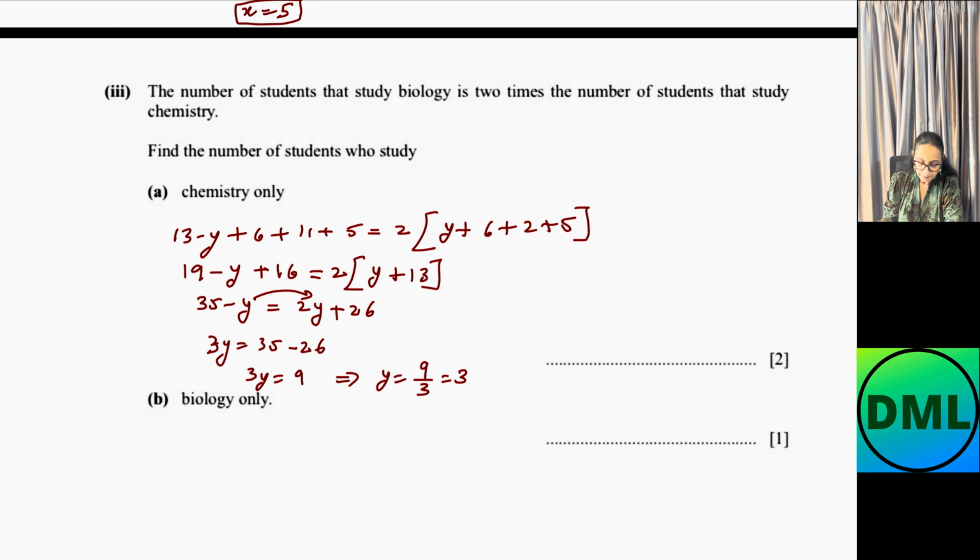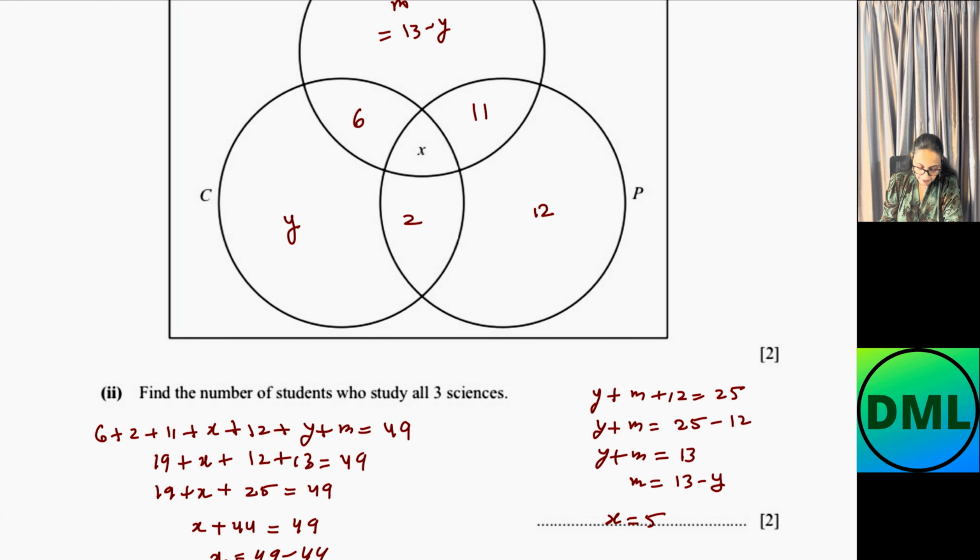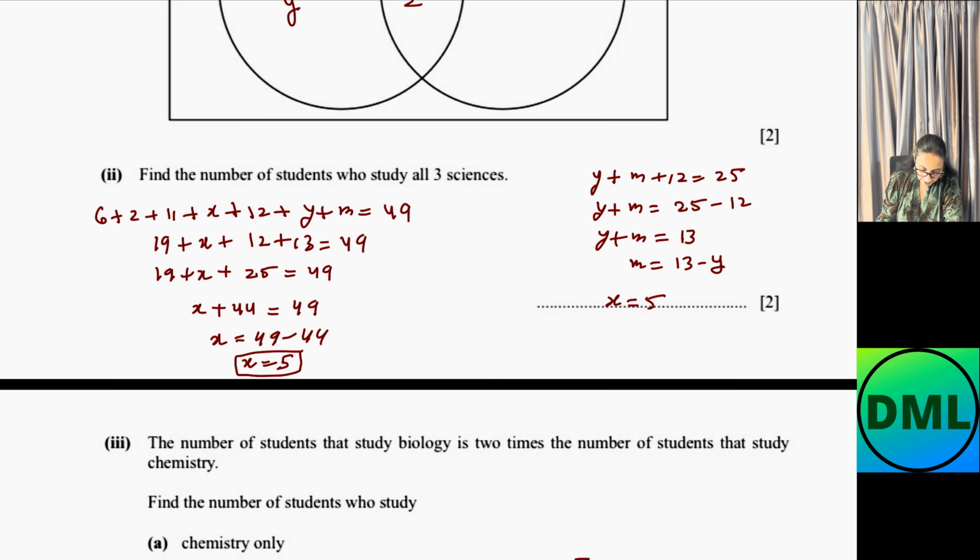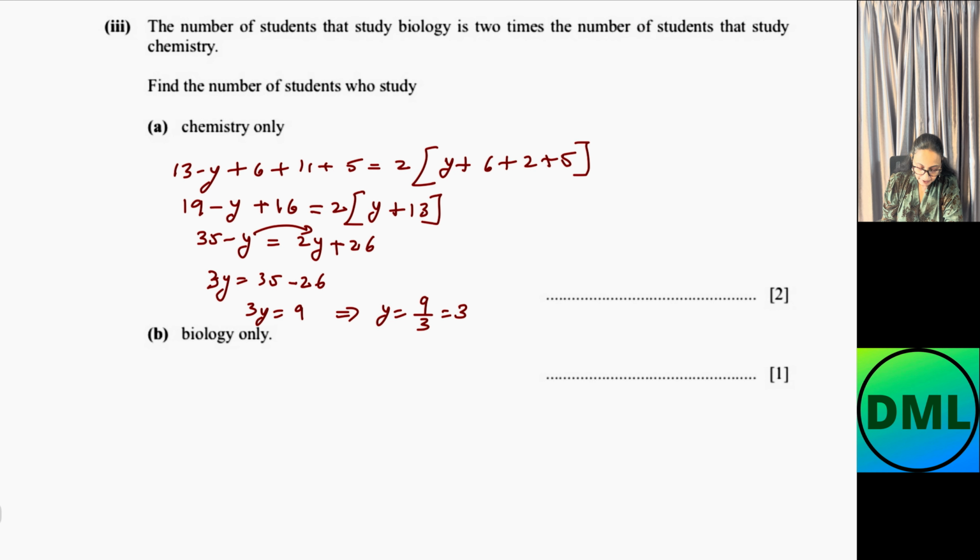Y is the number of students who study chemistry only, which is what we are looking for. So the answer is 3 students. Let's find the answer for biology.